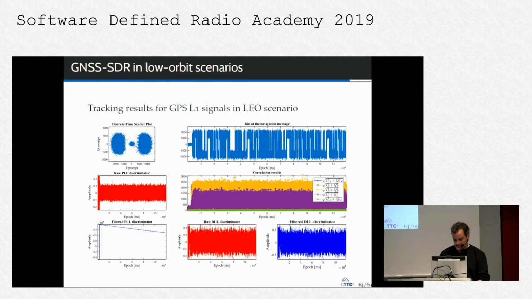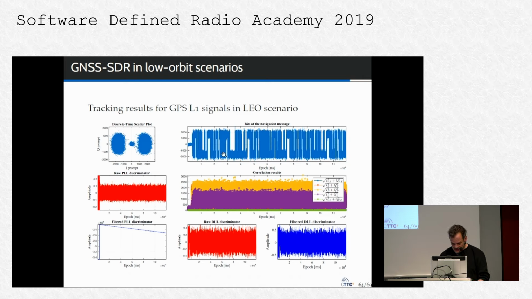And actually, we made it work. We needed to make modifications to those tracking loops I mentioned before in order to take into account the Doppler, not the Doppler shift, but the Doppler rate. And here you have the outputs of the discriminators, the correlators.